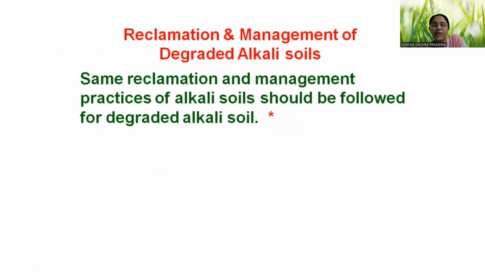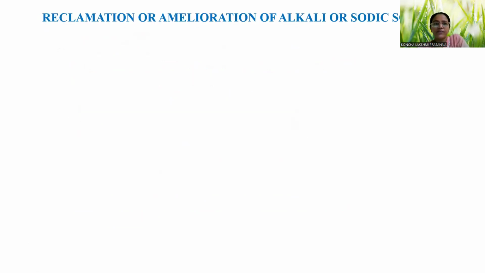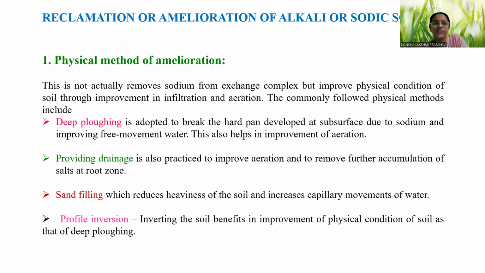Reclamation and management methods of the degraded alkali soils. The reclamation measures are the same as those followed for alkali soils. The physical methods of reclamation of degraded alkali soils include deep ploughing, providing drainage, sand filling and profile inversion. Deep ploughing is done to break the hard pans in the subsurface, thereby reducing sodium and allowing free movement of water.